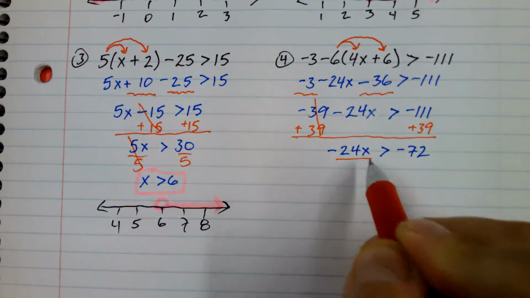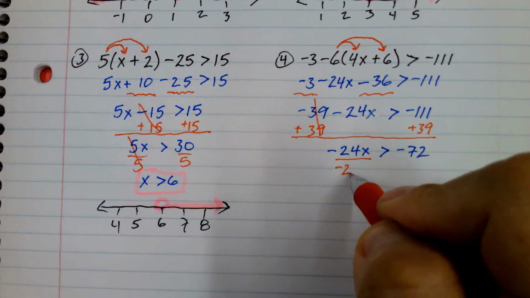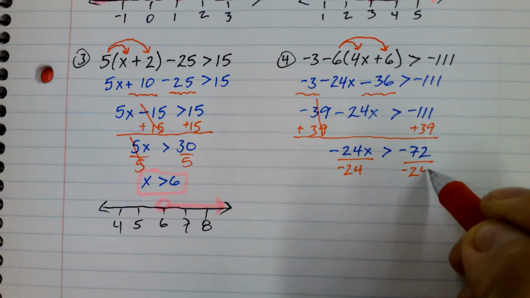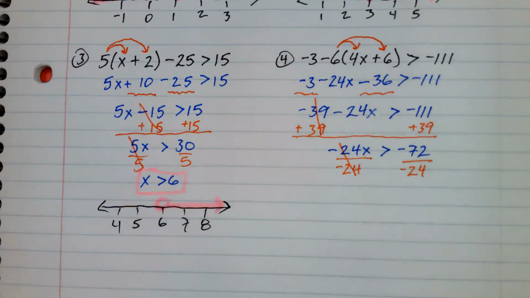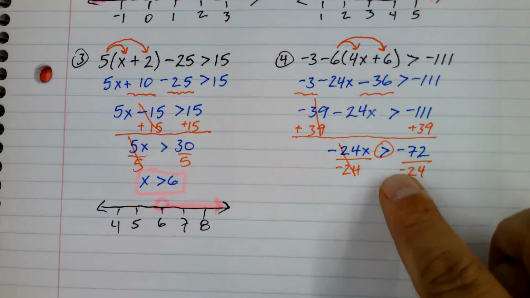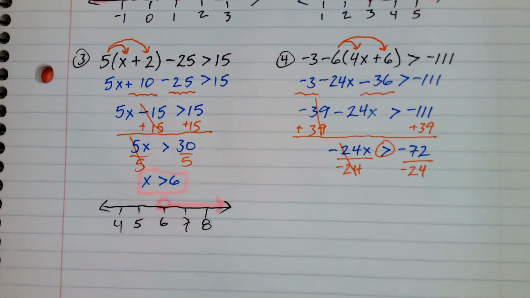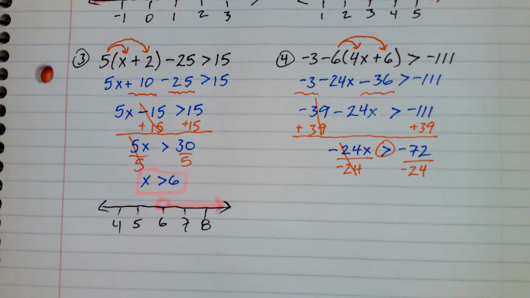So now let's divide. And I'm going to divide by negative 24. Circle this. At least that's how I've been trained. The moment I see that I'm multiplying or dividing by a negative, I circle the inequality to remind me that on the next step, I got to flip it.